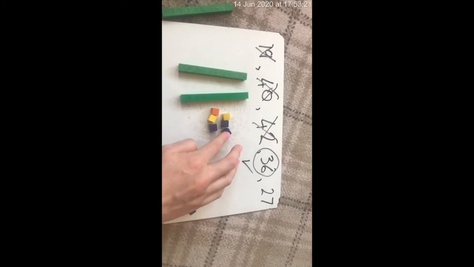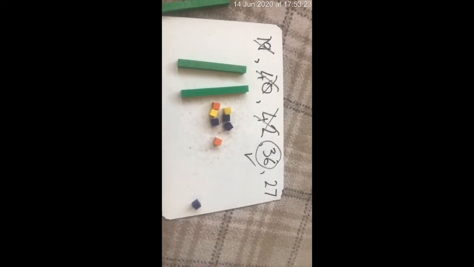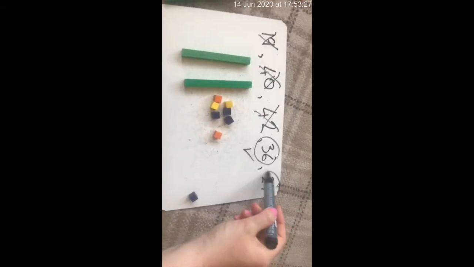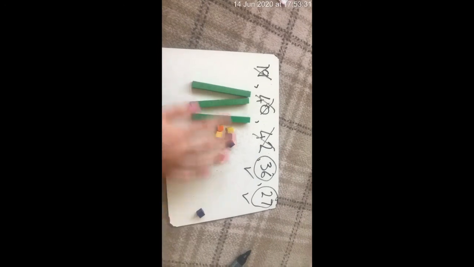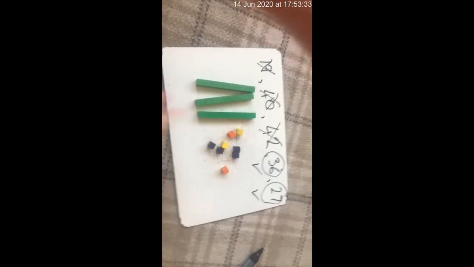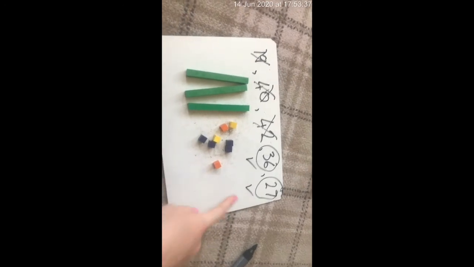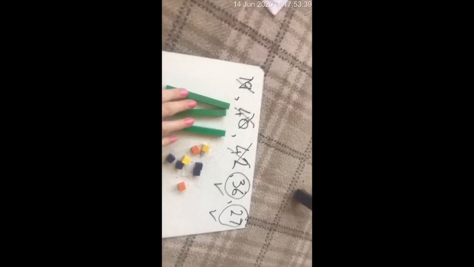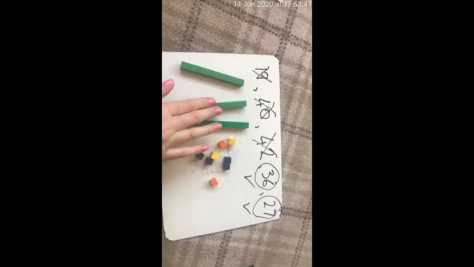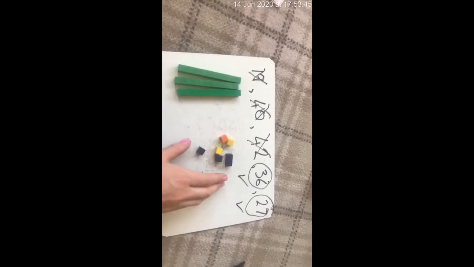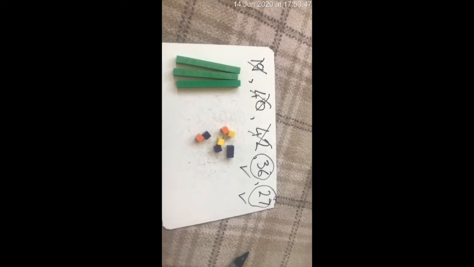Okay, so I can do 27. 2 tens, 7 ones. So out of all of those numbers with this equipment, we were able to do 2 of them. Okay, because I've got 10, 20, 30, 1, 2, 3, 4, 5, 6, 7, 8 all together.